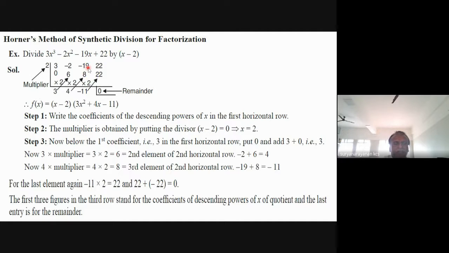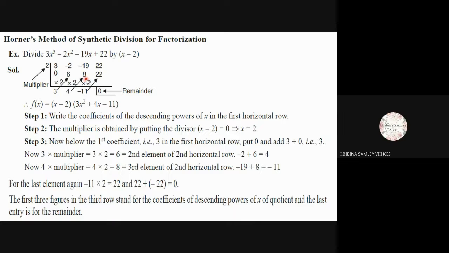Now, minus 19 plus 8. Simplify these two numbers. What will you get here? Take a pen and paper and simplify.